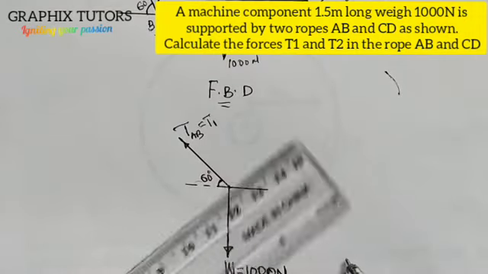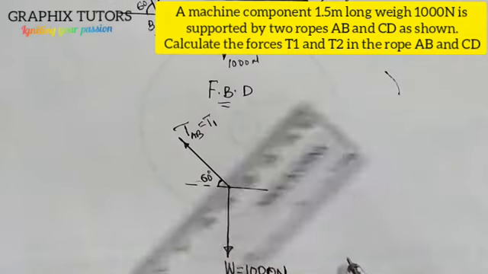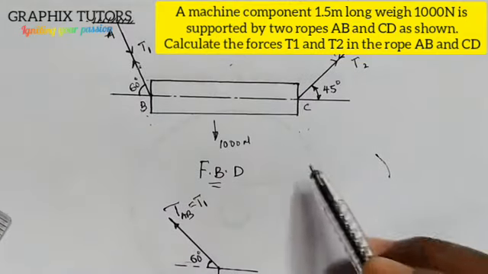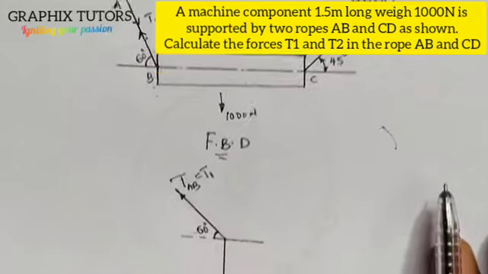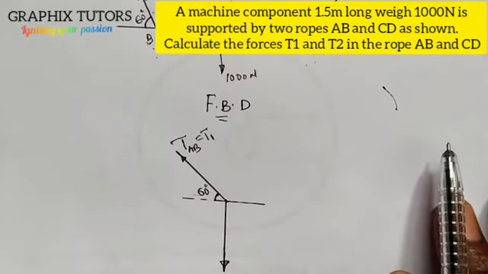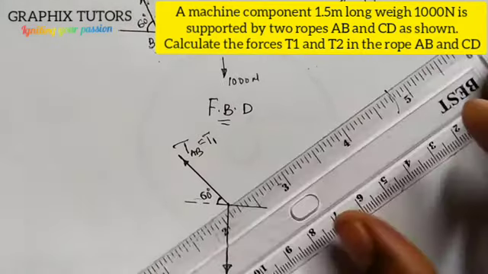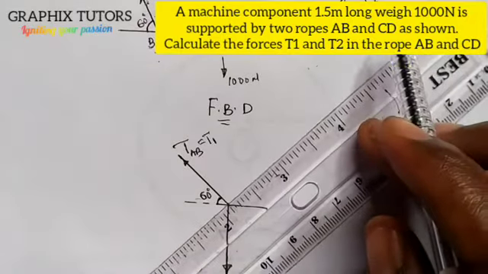Now the other one is at an angle of 45 degrees. This is what we have here, at an angle of 45 degrees. So I'll put that, and I'll have something like this. This is 45.